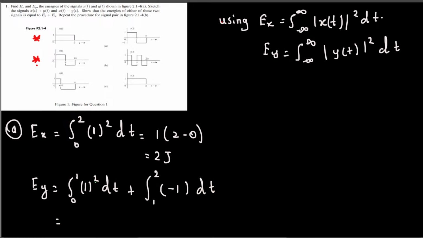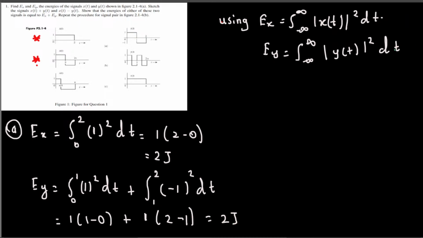If we do that, the first is 1 times 1 minus 0, and the second is negative 1 squared, which becomes positive 1, with upper limit 2 and lower limit 1. So 1 times 1 is 1, and here also 1 times 1 is 1. 1 plus 1 is 2.